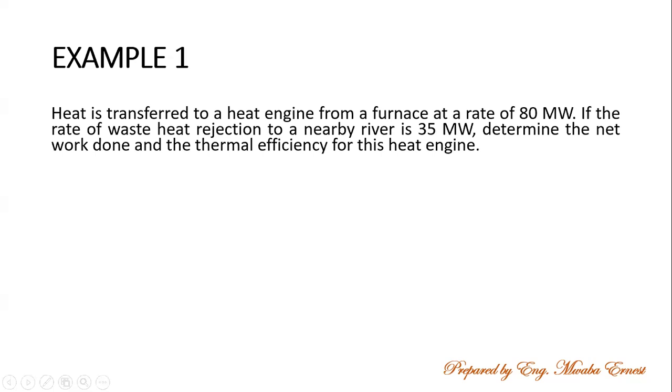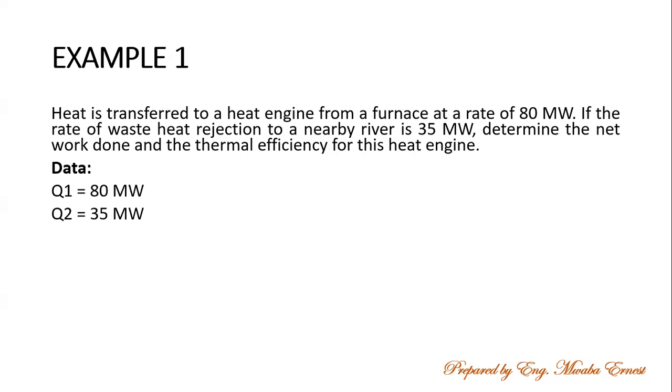So as usual, let's start with the data. What information do we have? First of all, we've been given that the heat coming from the furnace, the heat from the source, which is Q1, is 80 megawatts. Q2, the heat that is being rejected, the heat coming from the engine, is 35.